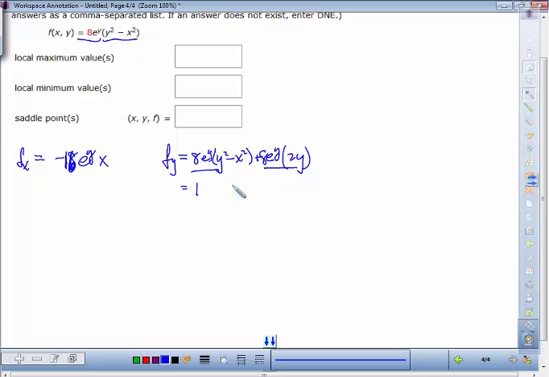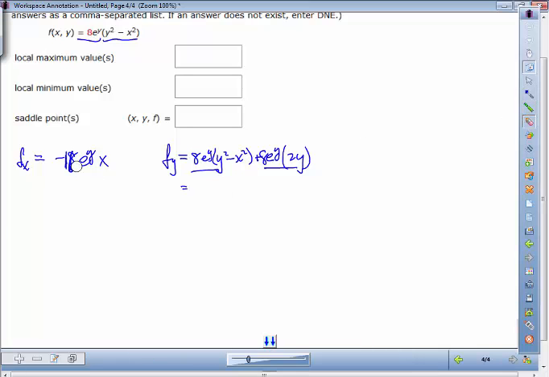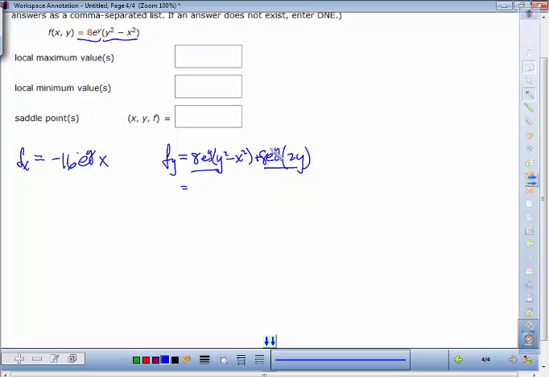Never mind. Can I do anything with that? Only thing I can think about doing is maybe factoring. This is exactly what I wanted to do, but I think this is the only thing I can do. So I got y squared minus x squared and then plus 2y.